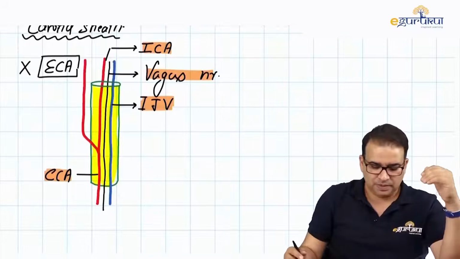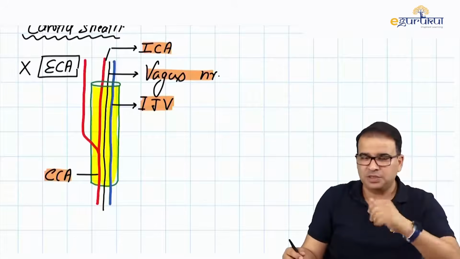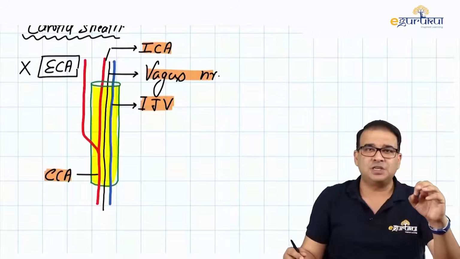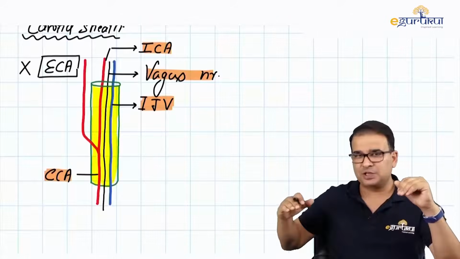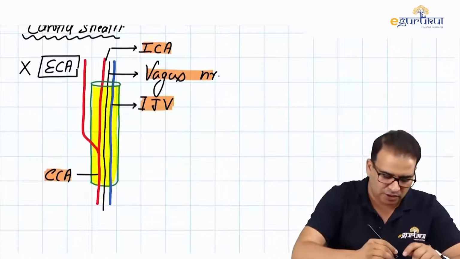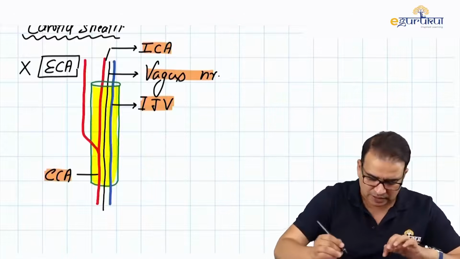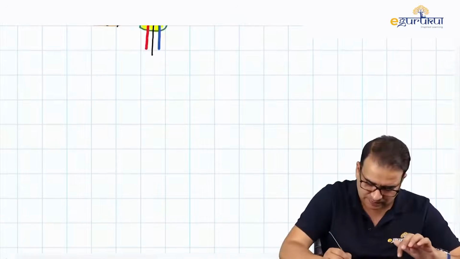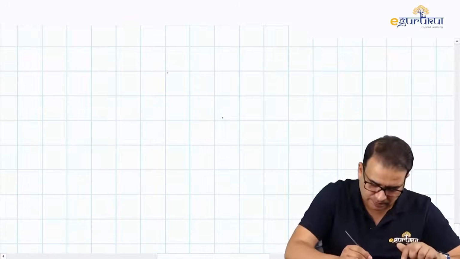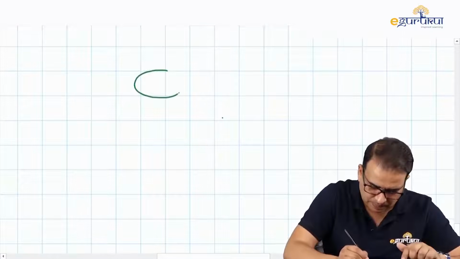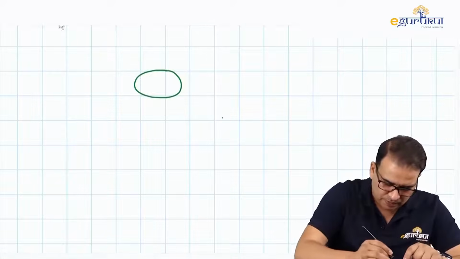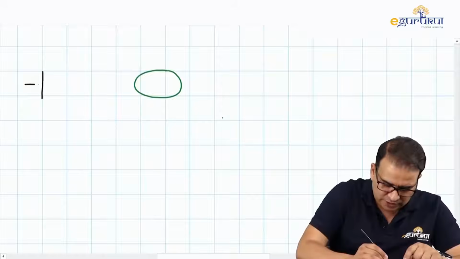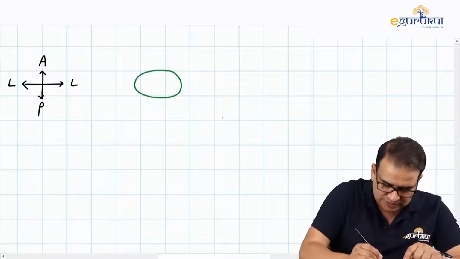So that was about the contents of the carotid sheath. Now the relations of the carotid sheath are equally important. If I take a transverse section of the carotid sheath like the one we already saw, let's say for the orientation's sake, guys, this is anterior, posterior, and obviously on both sides, that's lateral.